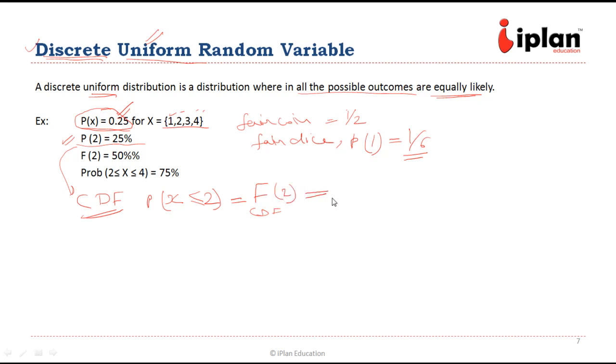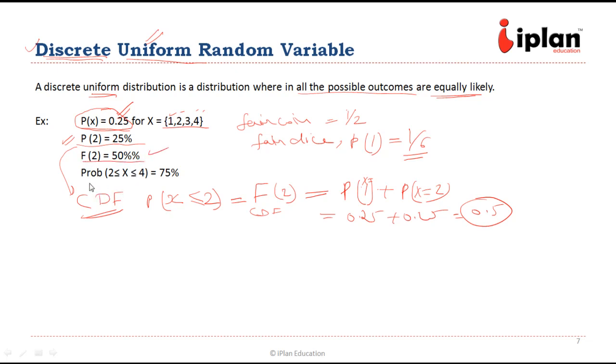This value is going to be the probability of x equal to 1 and the probability of x equal to 2. So these are the two possibilities. Both of them are equal, 0.25, 0.25. The answer is 0.5. So F(2) is 50%.